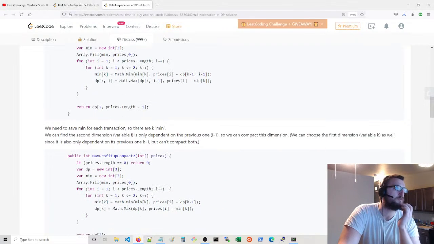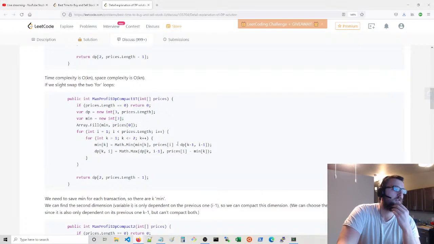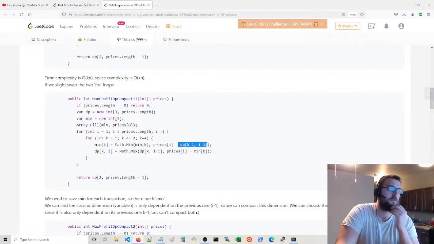Now, the reason why this works for 1 and 2, I think, is because 1 can't be modified, right? In other words, when you calculate 1, it's just min k and prices of i. This doesn't even factor in at all. The previous array is meaningless for the first calculation.